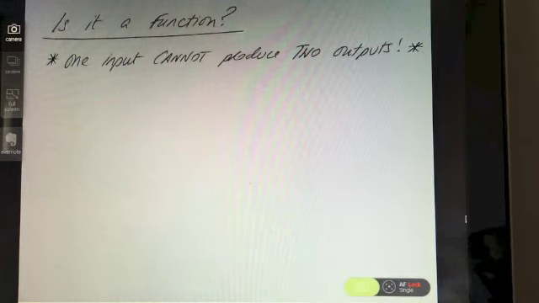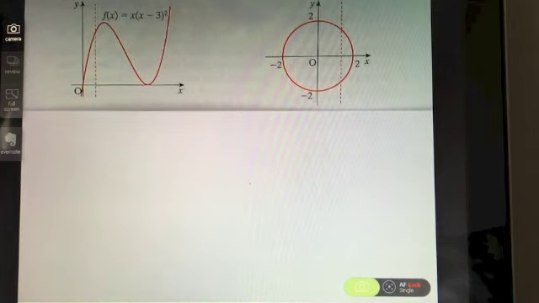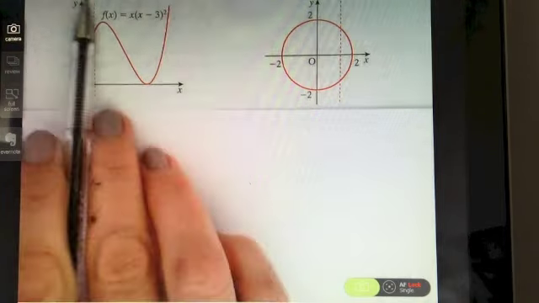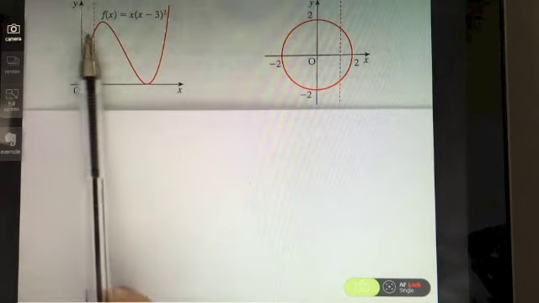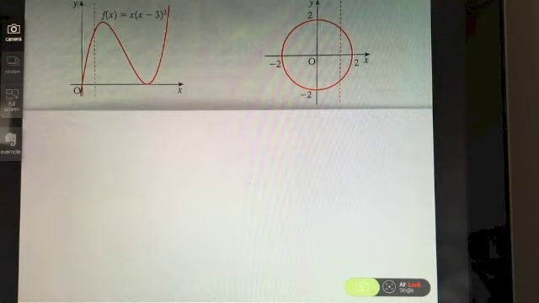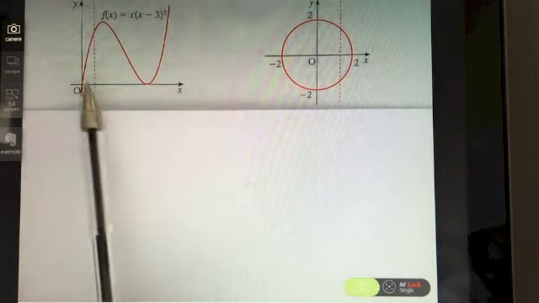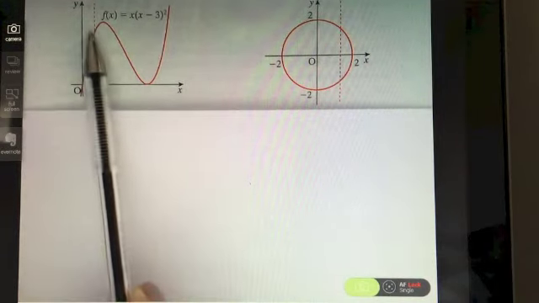So one input can never produce two or more outputs. So if you have something graphically drawn for you, we can do what's called a vertical line test for a function. If you draw a vertical line anywhere on the graph, it can only cut at most once, okay? That would mean that one input can produce just one output.